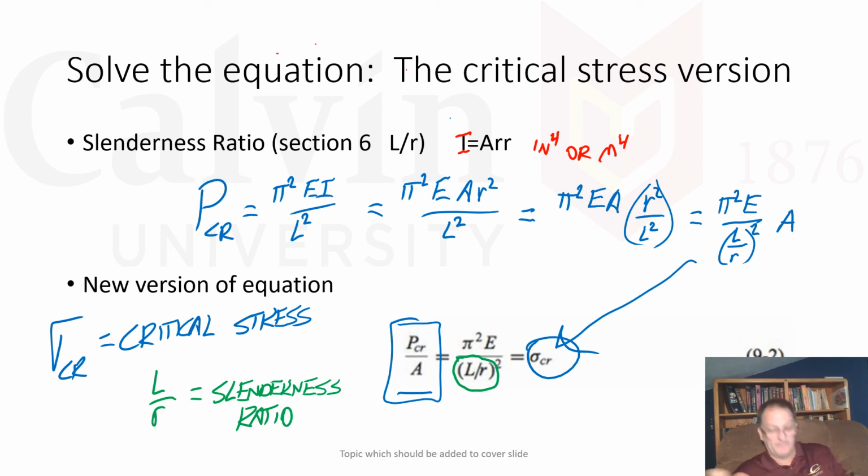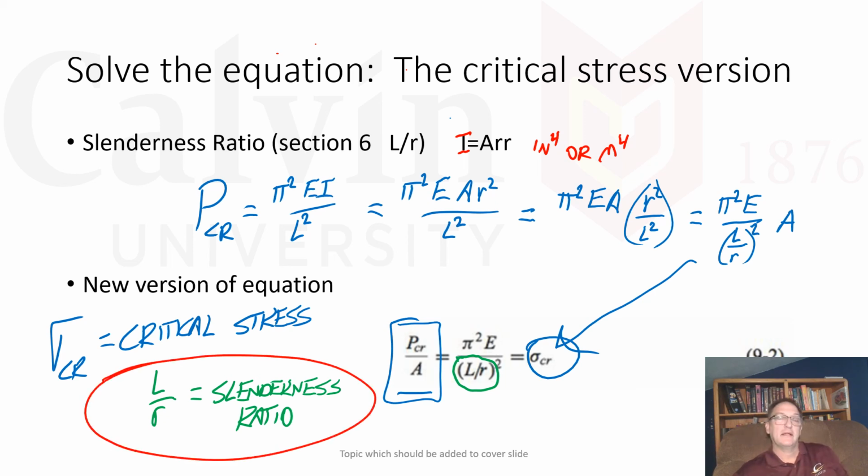That's related to the slenderness ratio. If it's got a small cross section and it's really long, then it's going to buckle. If it's short and stubby, then it fails with chapter 5 kind of ideas, a force over an area. And we'll see that in section 6 of this chapter.